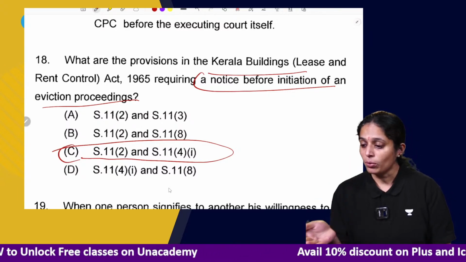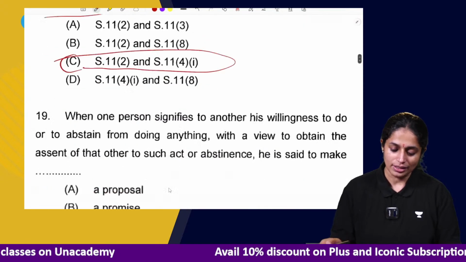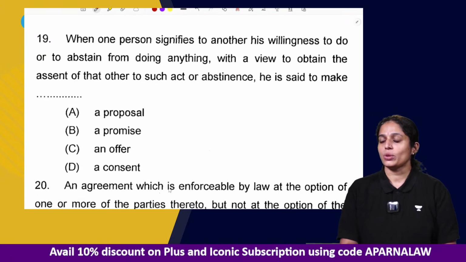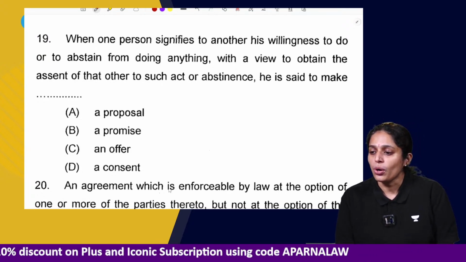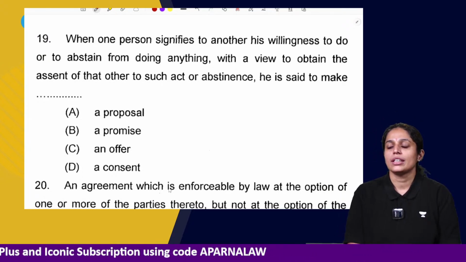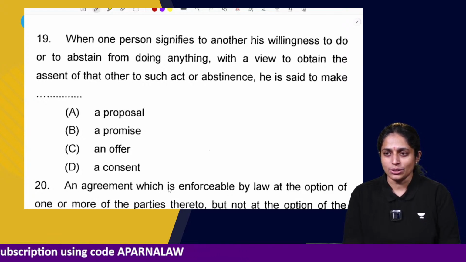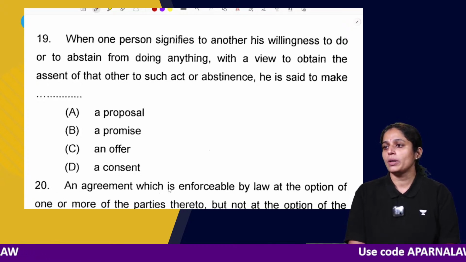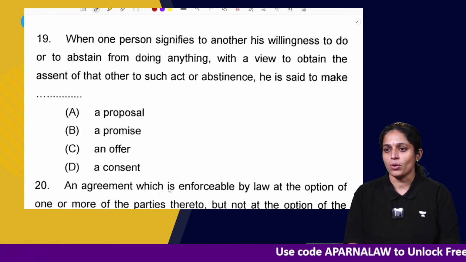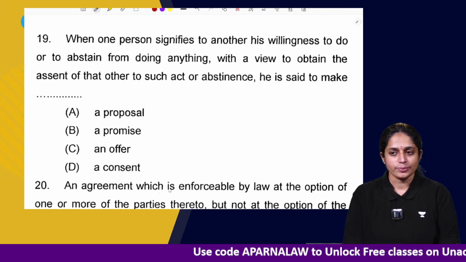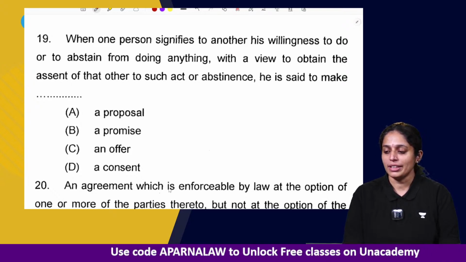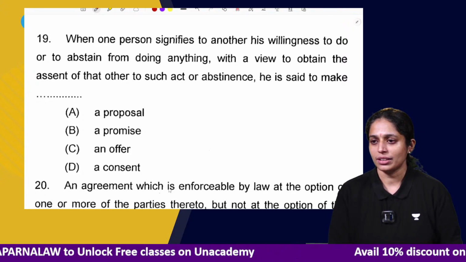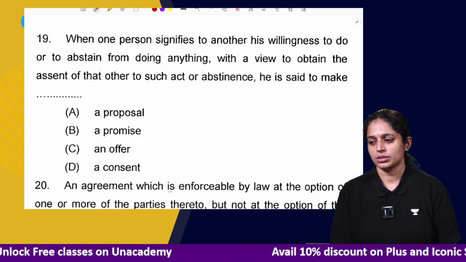So we have completed the questions relating to the Rent Act, then Contract Act. When one person signifies to another his willingness to do or abstain from doing anything with a view to obtain the assent of that other to such act or abstinence, he is said to make a proposal, promise, an offer and a consent. A very simple, direct, basic question from Indian Contract Act.